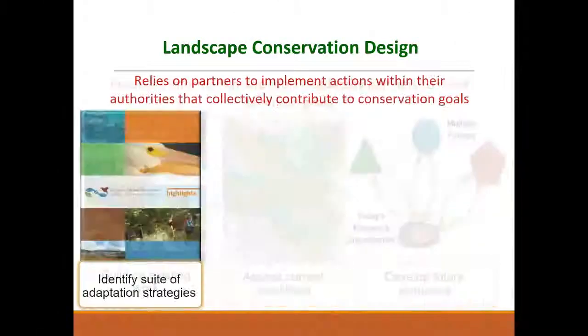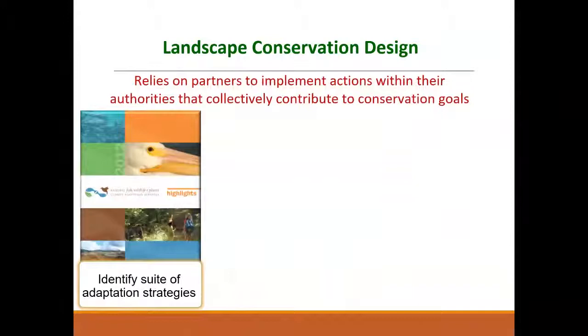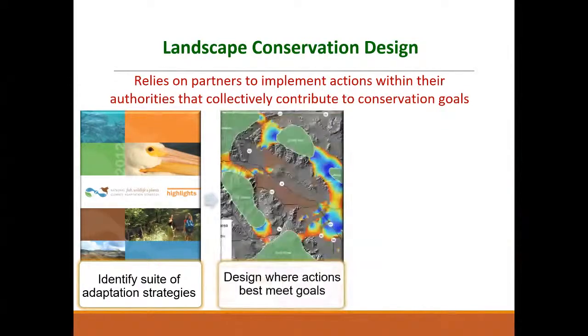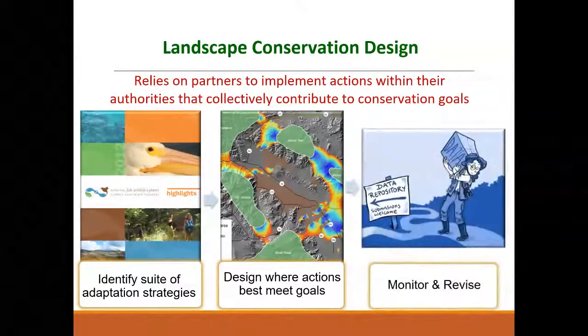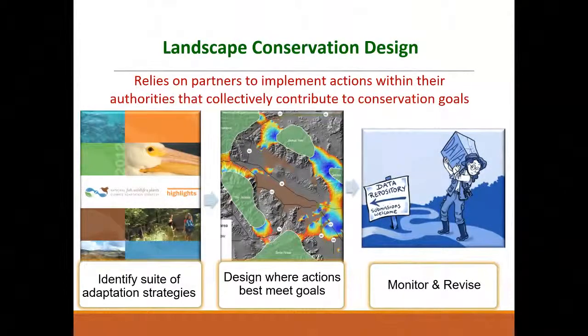And the current conditions and what might happen in the future is really important for identifying how we respond with management actions or adaptation strategies if we're thinking about climate change. And the important piece here is that we'll be working together to design where actions can meet our collective goals, and then this important piece of monitoring and revising, which indicators are a big component of.